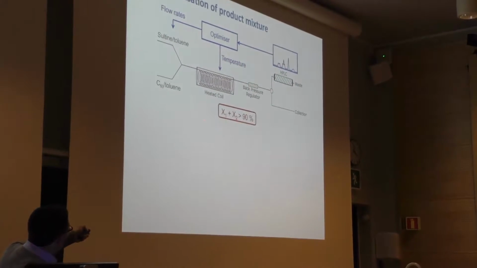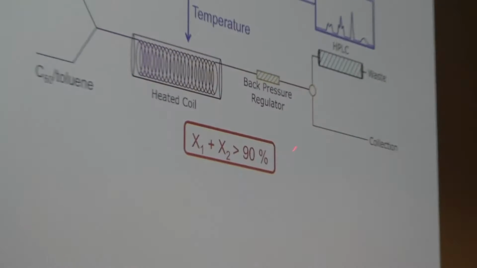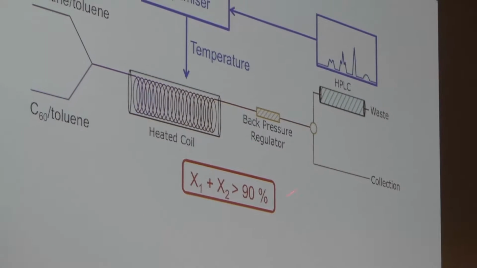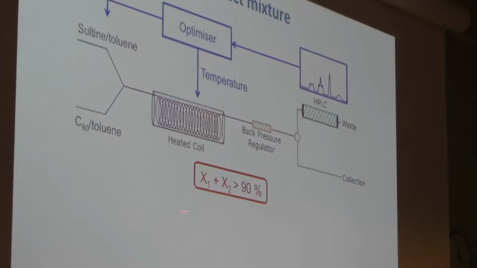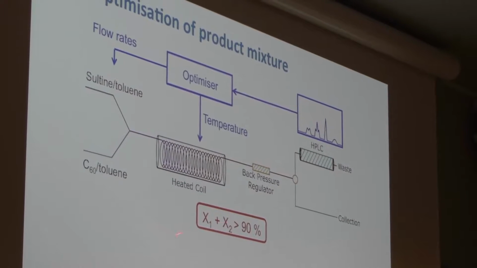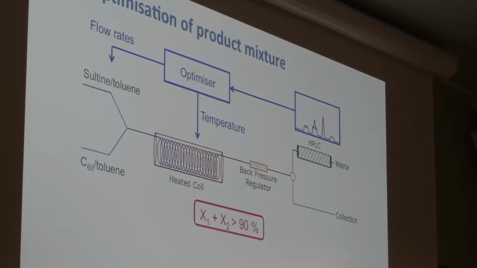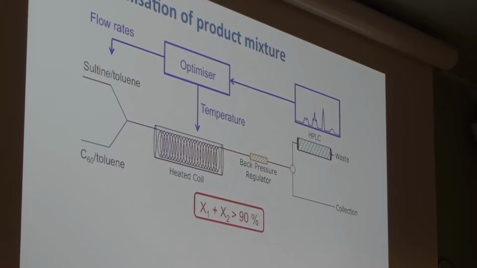So what we've tried to do is maximize the yield, or ensure a minimum yield, I should say, of these two middle order derivatives. So this is the singly and doubly functionalized materials. If I wanted to ensure that I got nothing but x1, one way of doing that would be to have a very short reaction time.